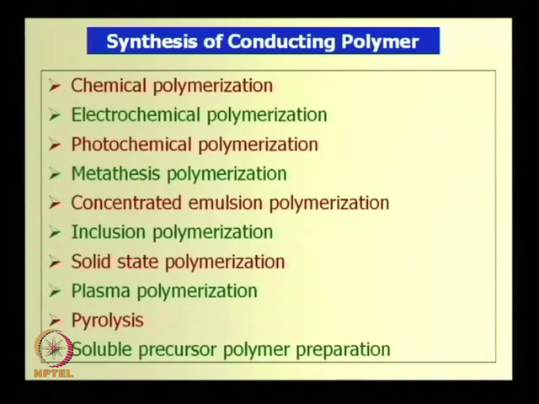How to synthesize? There are various techniques people are following, out of which 3 techniques are very important. One is chemical polymerization, chemical synthesis, the other is electrochemical polymerization, the third is plasma polymerization, plasma deposition, and CVD of course, chemical vapor deposition, those things are there, but those need sophisticated facilities. Suppose you are a research scholar working with your supervisor, and in his lab the CVD facility is not there.